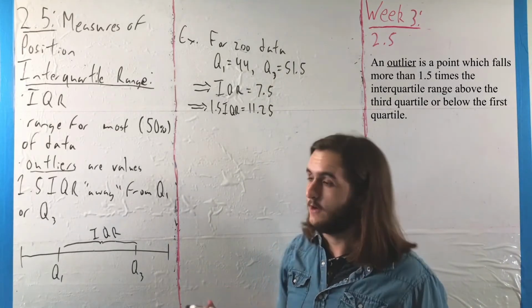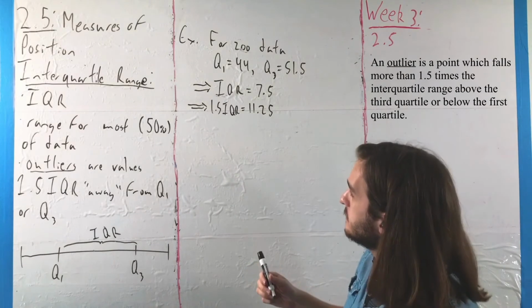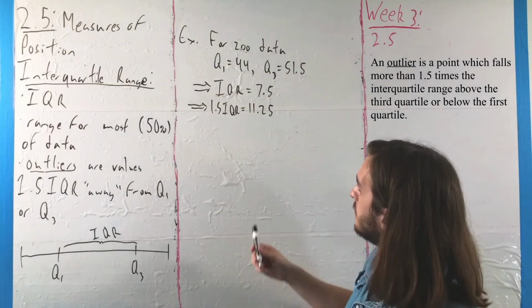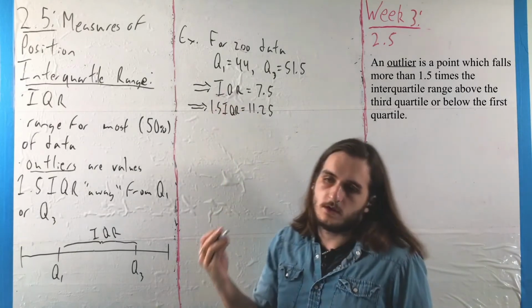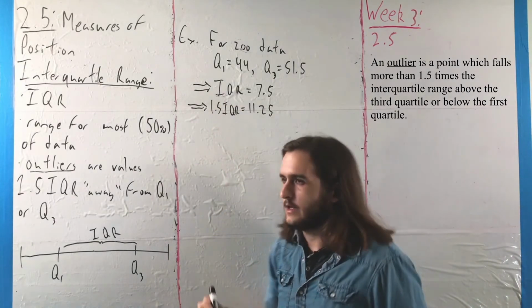So if we want to quantify an outlier, what we do is we take that value, we subtract it from Q1, and we add it to Q3. And we don't need to do it for the Q1, but I'll do it anyway just to clarify.